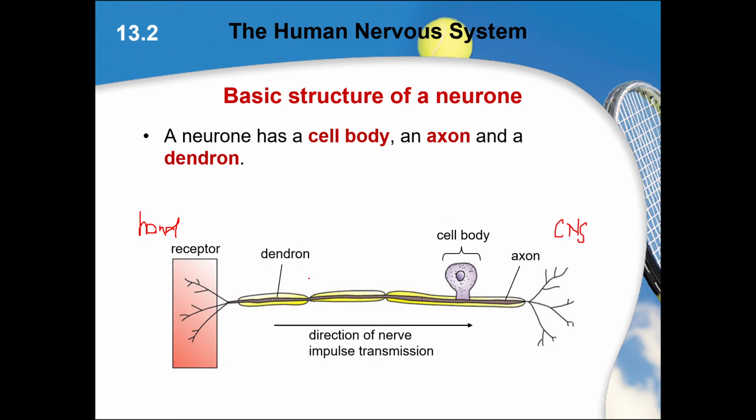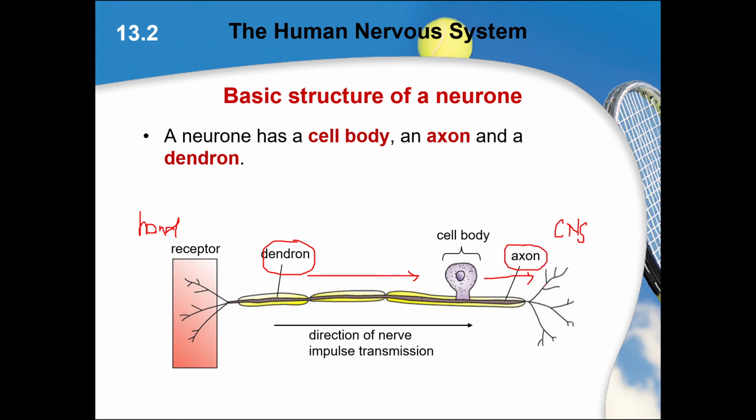So actually, dendron is defined as the part of the neuron that transmits impulses towards the cell body, while the axon is whatever happens after the cell body. So the axon will transmit impulses away from the cell body. Alright, so these are essentially the 2 definitions that you need to know, the differences between the dendron and the axon.